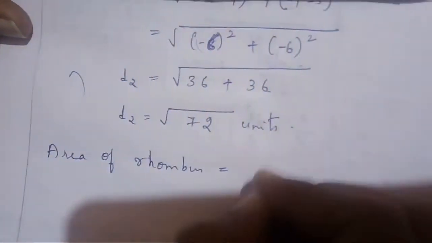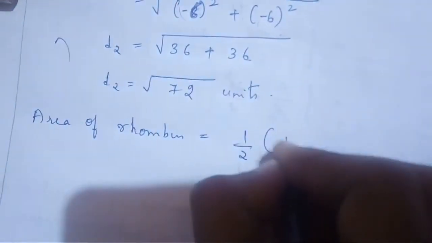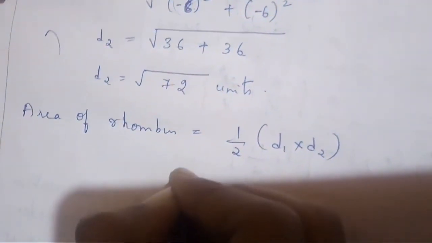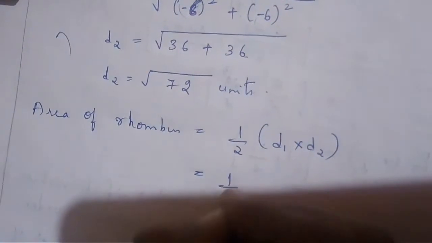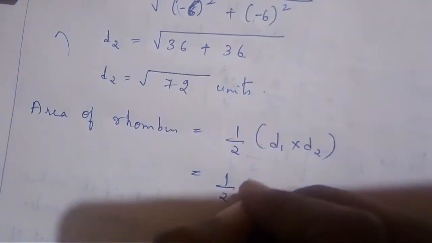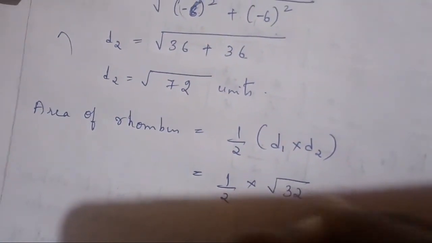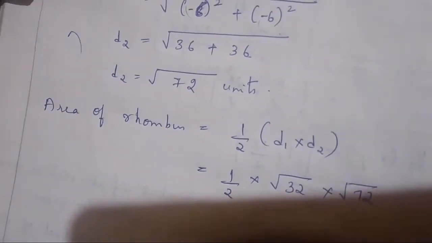Now, as they already gave the hint, the area of the rhombus is equal to half into D1 into D2. That is half into D1, which is root 32, into root 72.